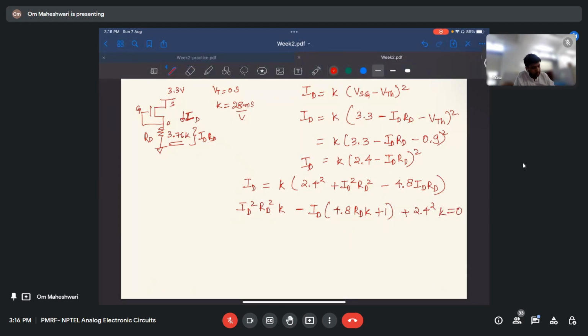Then I will need to solve this quadratic equation. RD value I can put as 3.76 kilo ohms. K is 28 millisiemens per volt. ID we have to find.